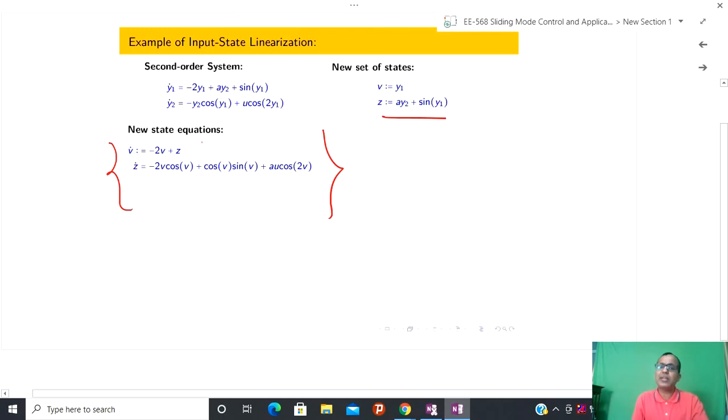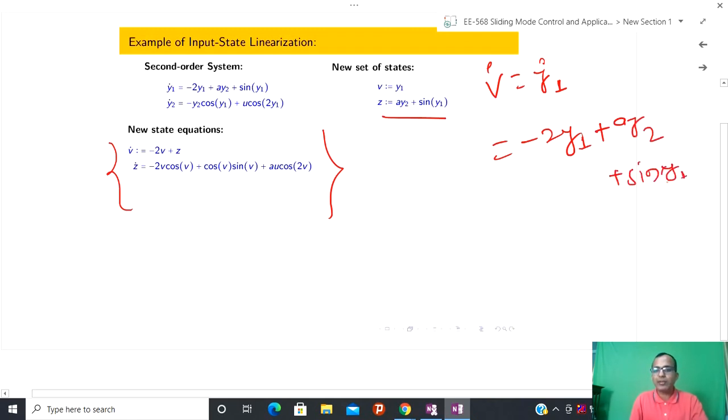You can check by yourself, this is pretty easy, because v dot equal to y1 dot, and you can see that is nothing but 2y1, and after that a y2 plus sin y1, which I have already defined as z, and 2y1 as 2v.